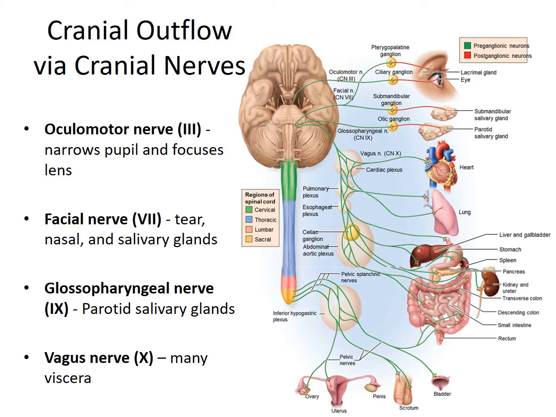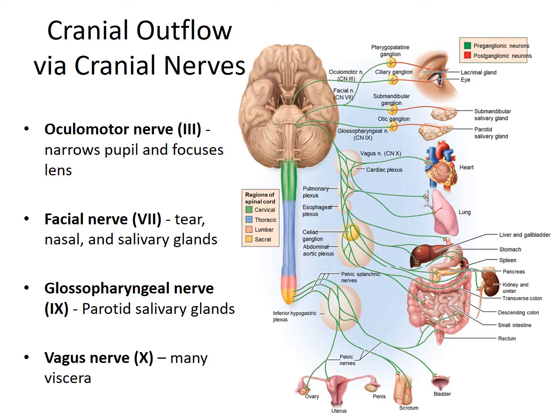Four cranial nerves are involved in parasympathetic innervation. The oculomotor nerve functions to narrow the pupil. This was that dual innervation example we were talking about earlier. The oculomotor nerve also focuses the lens. The facial nerve, cranial nerve number 7, innervates tear, nasal, and salivary glands.